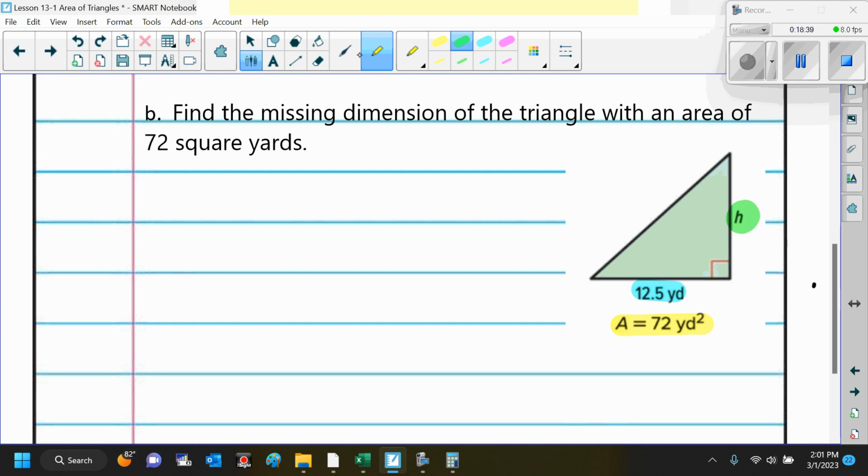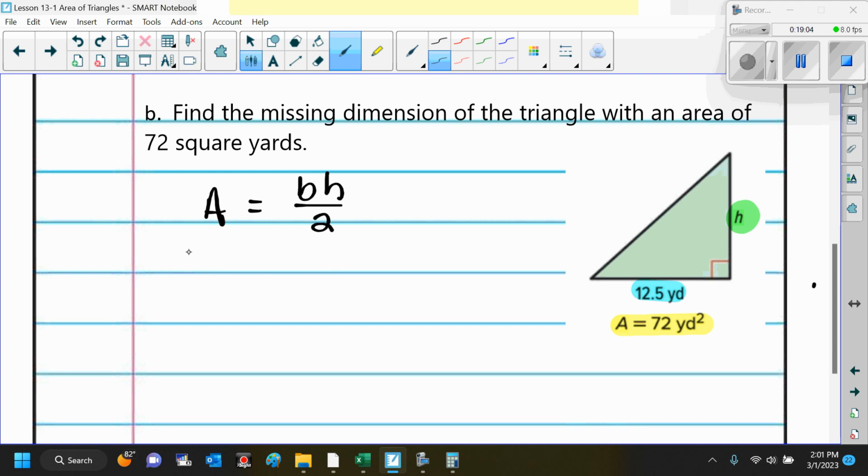Okay? So that's all the information that we know. So now let's substitute in. Let's use the base times height divided by 2 again. So area is equal to base times height divided by 2.